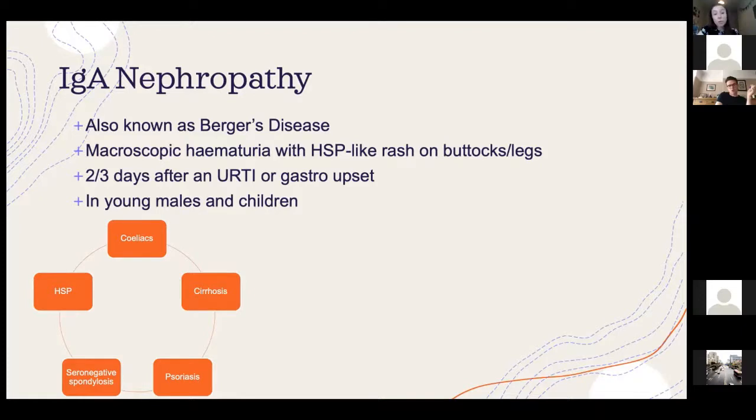But also cirrhosis, usually alcoholic cirrhosis, can cause IgA nephropathy in slightly older men. And the mainstay for this condition is to control the blood pressure with ACE inhibitors, and you might consider steroids if it's quite a severe case, so if they've got massive amounts of macroscopic hematuria and their blood pressure is rocketing.